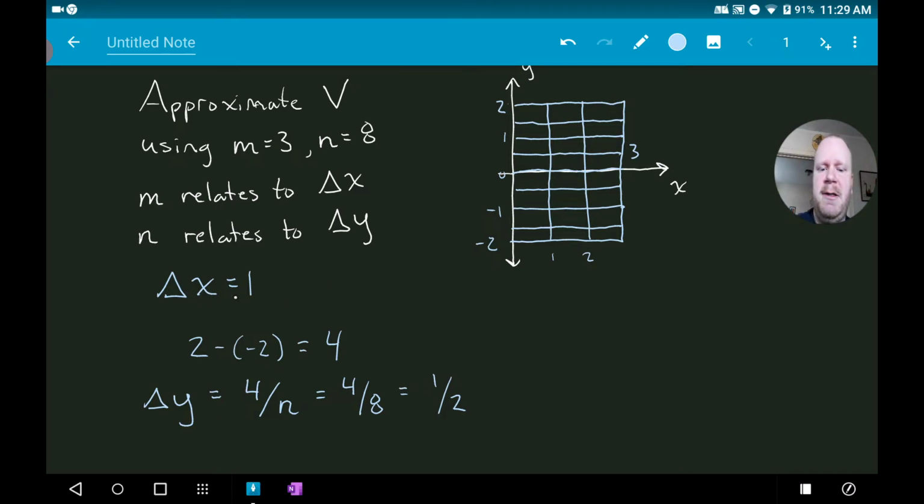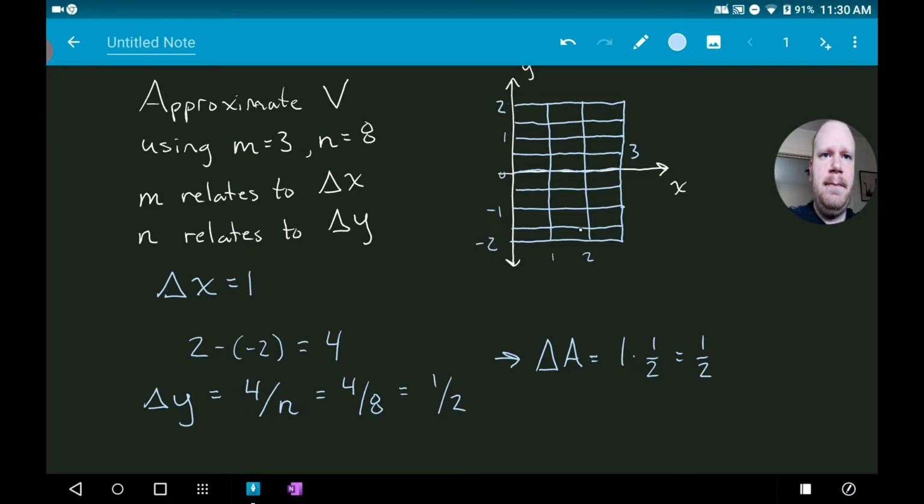So I have delta x, that's 1. I have delta y, that's 1/2. And I, of course, can say that my delta A is equal to 1 times 1/2, which is just 1/2. So that'll be my delta A in my equation. We're given m and n. And then if you're given a function, you can figure that out as well.